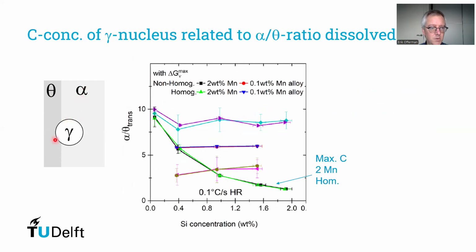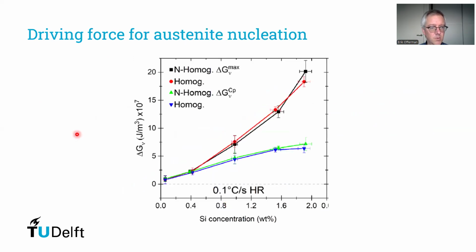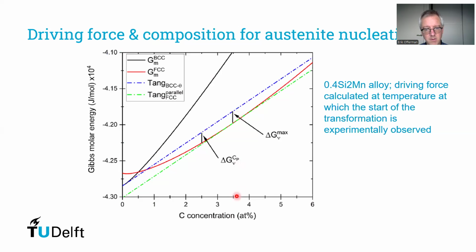We can then also calculate what fraction of the volume of the austenite nucleus is cementite and what fraction is ferrite, so that the cementite is high in carbon and the ferrite is low in carbon, and the total carbon composition of the austenite nucleus is equal to the one we found here.